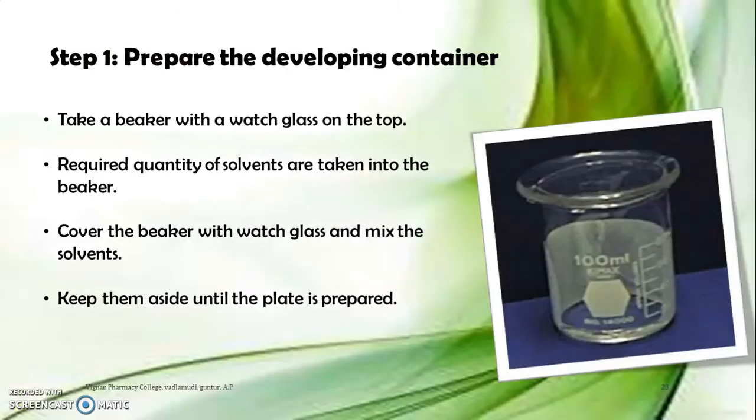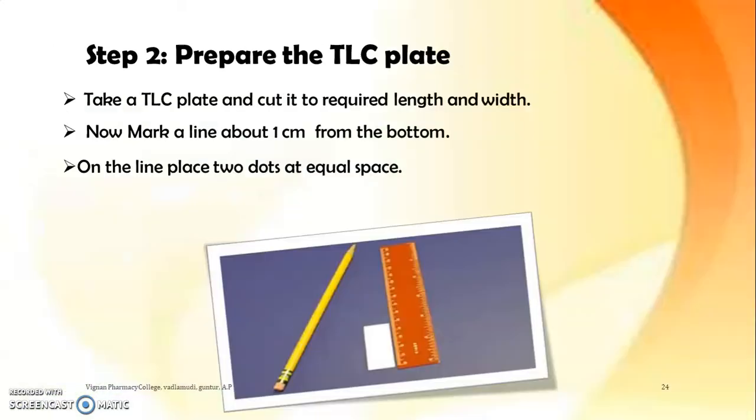So, step one: to prepare the developing container, we require a beaker with a watch glass on top. The required quantity of solvent, that is the mobile phase, is taken into the beaker. Cover the beaker with the watch glass and mix the solvents to allow the chamber to saturate. Keep it aside until the plate is prepared.